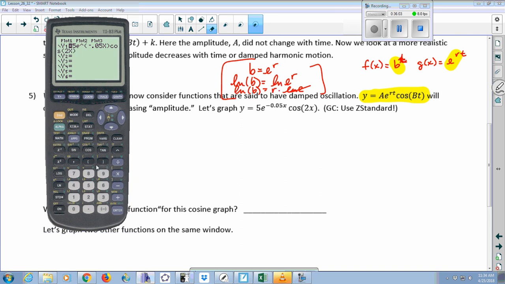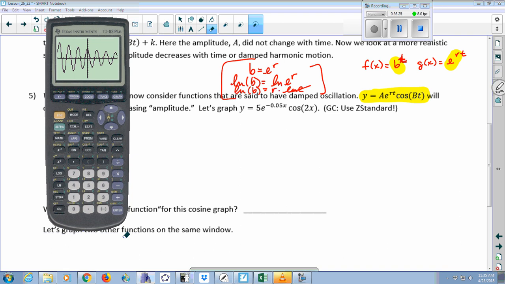And how did I ensure that with these parentheses, right? I'm parentheses-addicted. So Zoom 6 tells us to use our standard window. Here we go. All right, that's just 0 to 10.